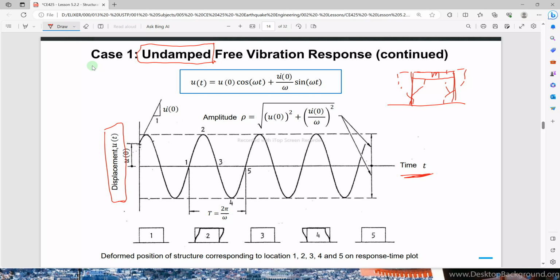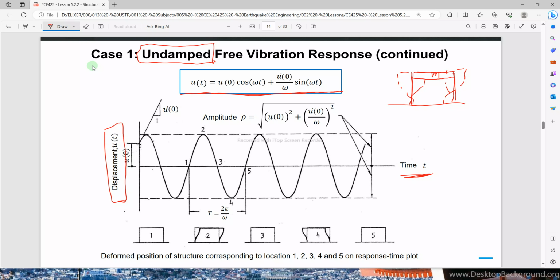The oscillation will continue forever since there is no damping, so we will have this motion. This is the free vibration response motion of an undamped SDF system. This is unrealistic, but it is shown like this. This is our equation of motion for an undamped free vibration response.